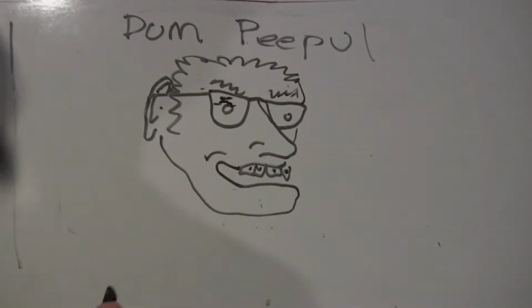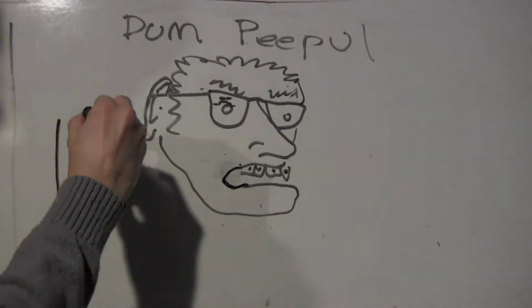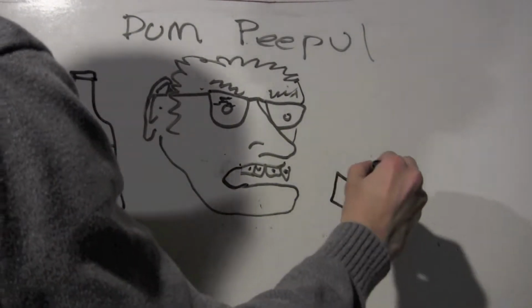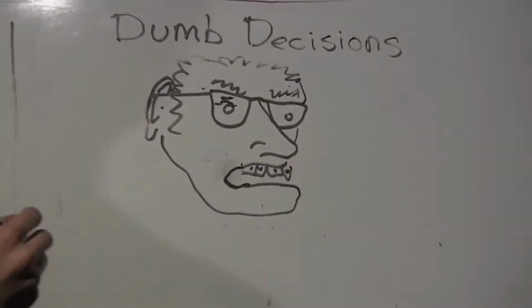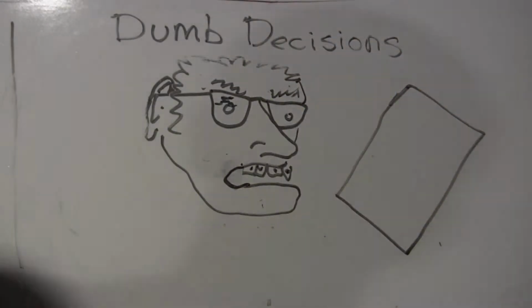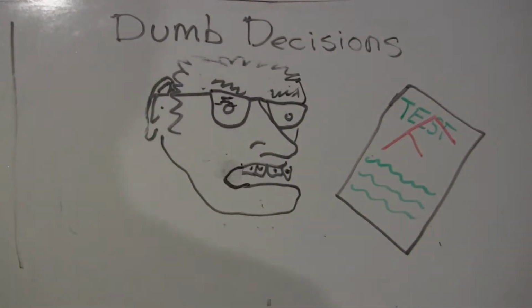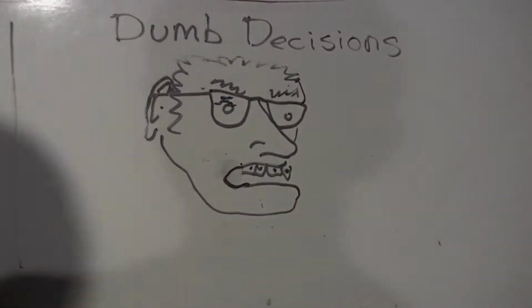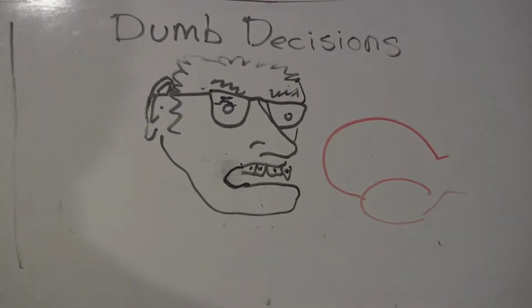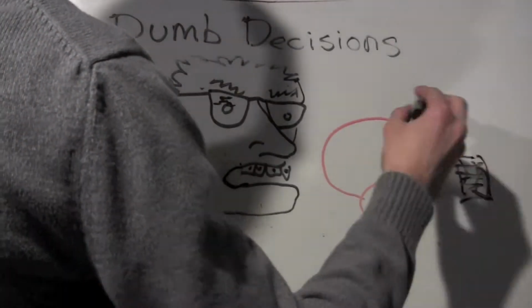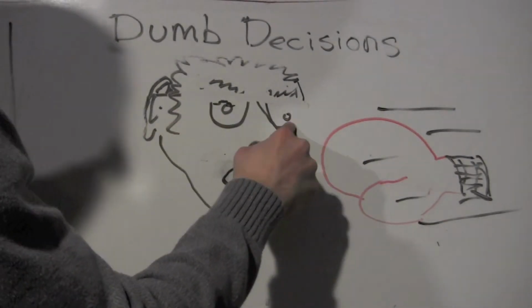They make different decisions, like perhaps drinking alcohol or... actually, no, we can't talk about that. Dumb people make dumb decisions, like not studying for a test, and thus failing macroeconomics. Or they may even box while wearing their glasses and not wearing a mouthguard.